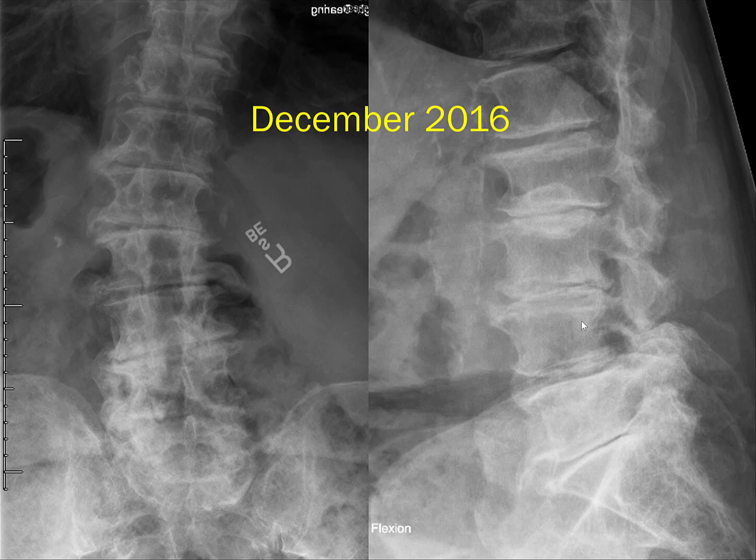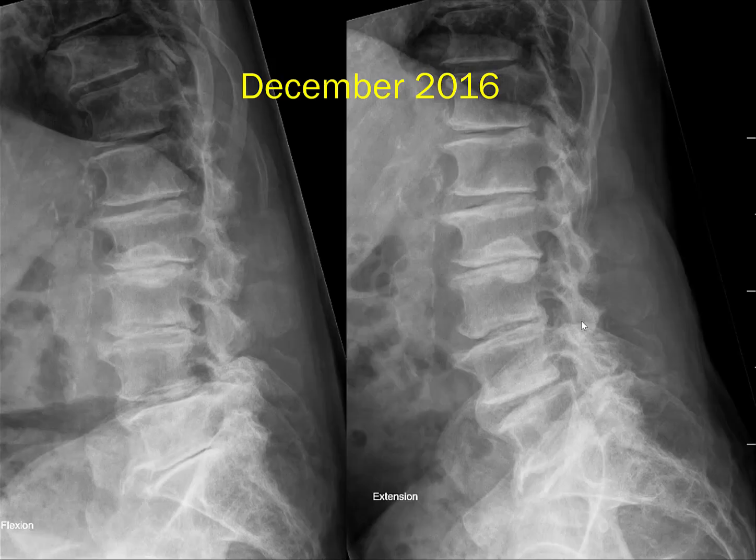The AP distance on the lateral view is narrow, so there's canal stenosis, and vacuum phenomena. The most severe narrowing is at L5-S1 as far as intervertebral disc space. So it's pretty bad. It's pretty diffuse, right? Every single level.